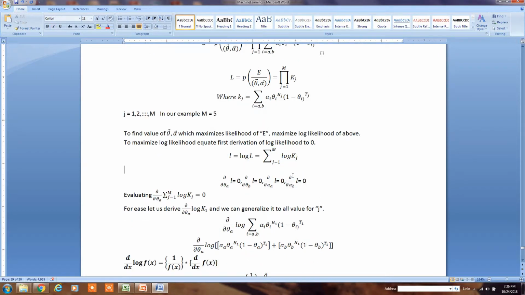And as we have to establish the values of theta A, theta B, alpha A and alpha B, we have to differentiate this with respect to each of the parameters one by one. To get the maximizing value for theta A, we differentiate this function with respect to theta A and equate it to 0. So the partial derivative of the log likelihood with respect to theta A equated to 0, and we have to get the value of theta A from here.